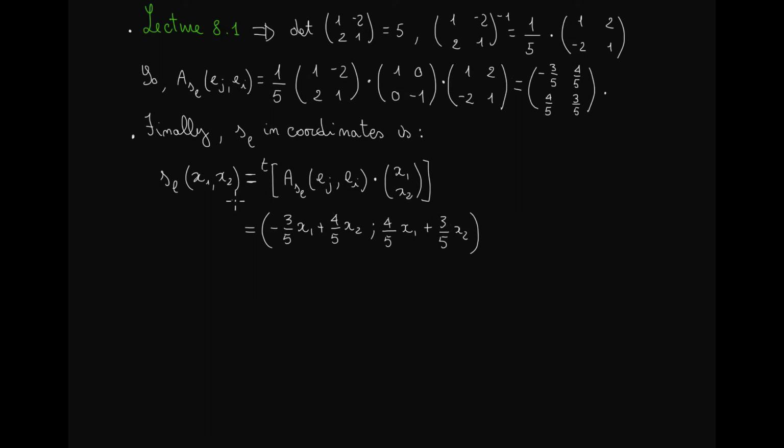Now, to find the image of any element in the domain, we don't have to solve any equation or any system of linear equations. We just have to plug in the values of the vector we want to find the image of in this expression, and we will immediately get the image.